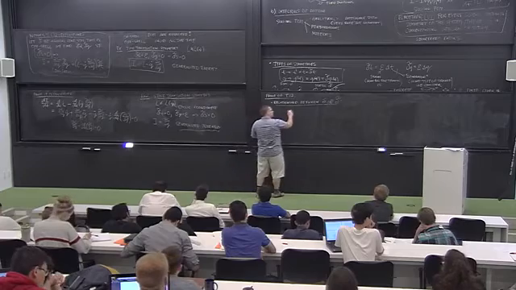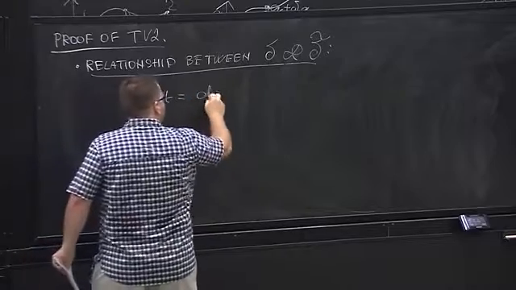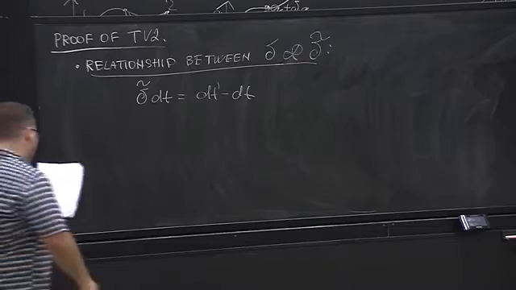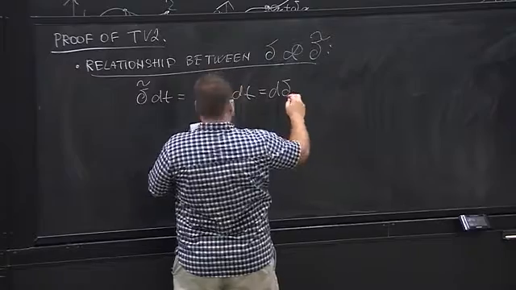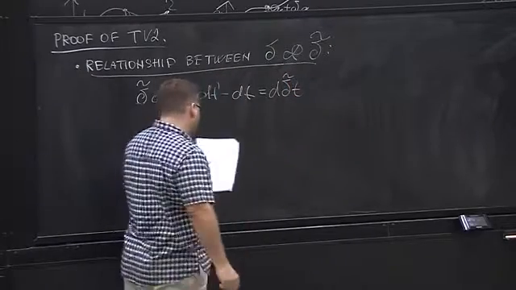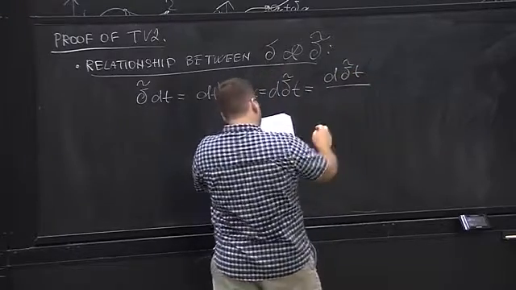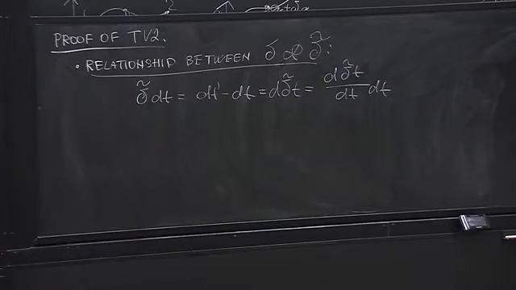So I can certainly write delta tilde of dt. What I mean by that is dt prime minus dt from that equation here. And you can write it as d of delta tilde t. And you can also write it in a complicated way just by dividing by dt and multiplying by dt. So when acting on time, this delta tilde behaves as you would expect. This is very simple.